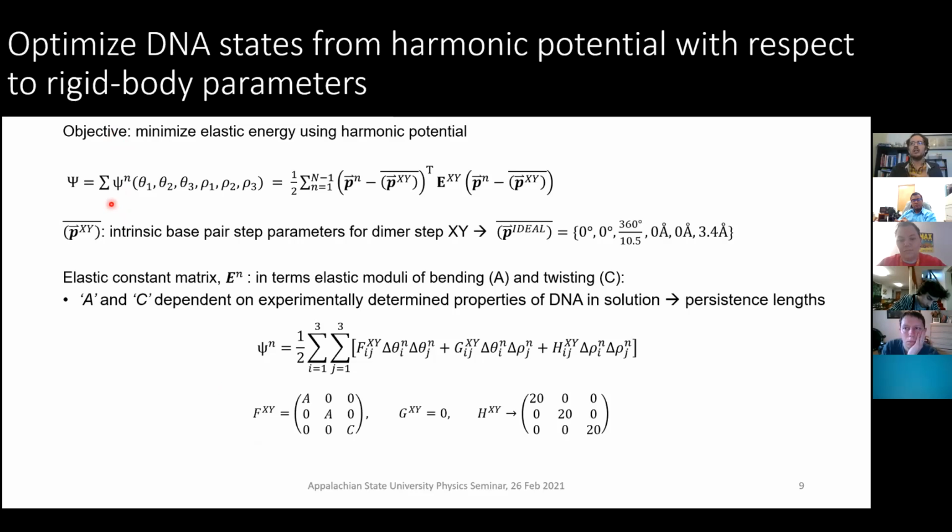Well, we can collect energy information at every base pair, as long as we know what the base pair rigid body parameters are, what the rest state parameters are, and some sort of elastic constants matrix that we can look at. And we can increase or decrease the level of sophistication of our force field.